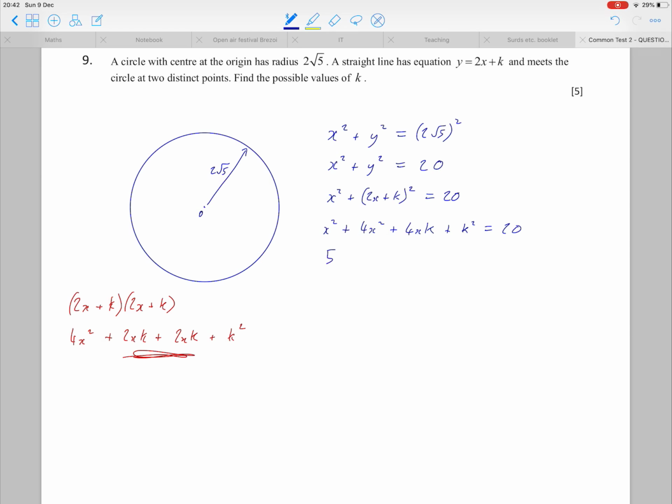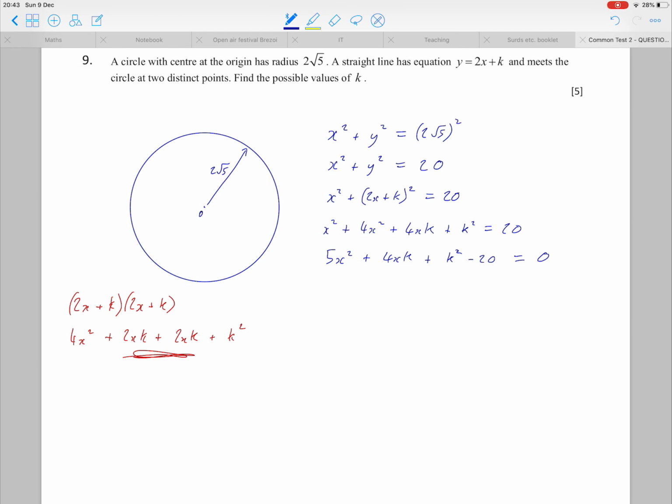Now, you might want to write that as 5x squared, just combine those first 2 terms, plus 4xk, and since it looks like a quadratic expression, set it equal to 0. Right, again, you've got 3, I think, marks out of 5 at this point.